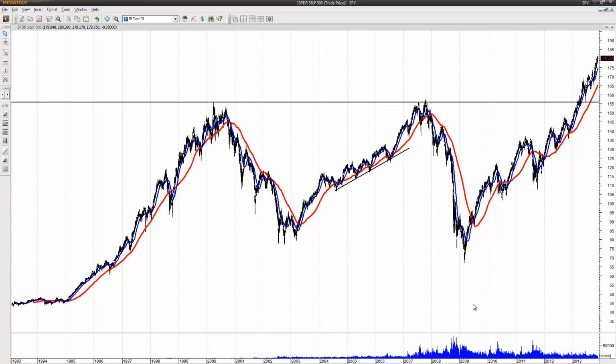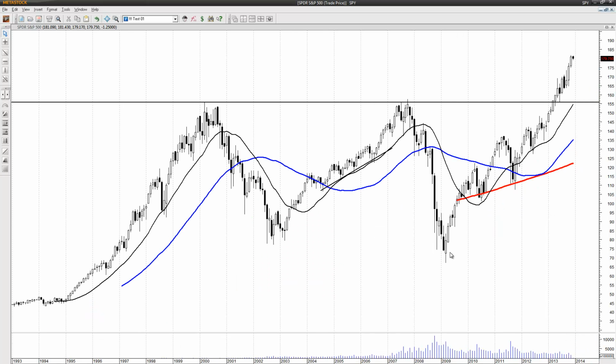What I really like about price action levels is that they're time frame independent. If I change now to a monthly time frame, you can see the indicator is changing value all the time for any time frame that I change to, but the price action levels stay the same.